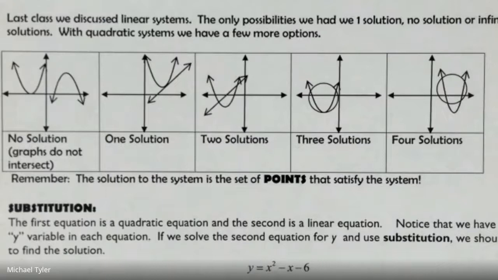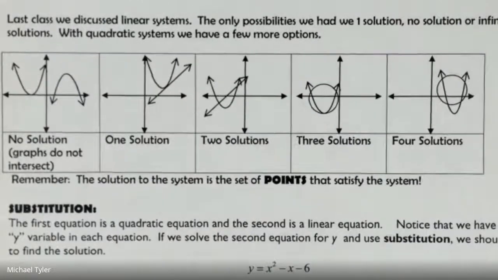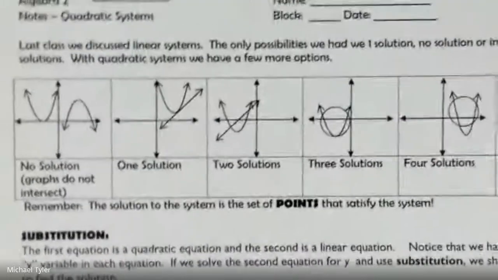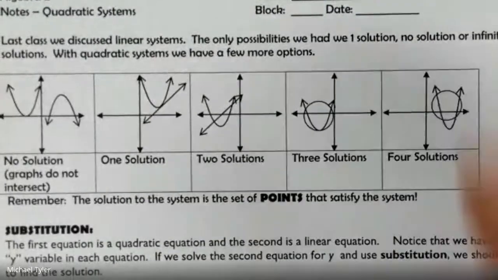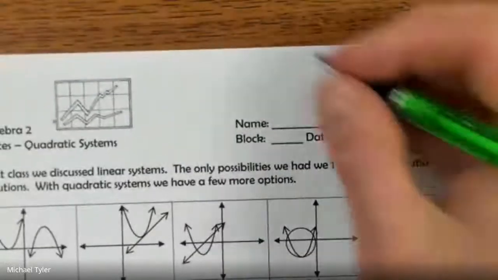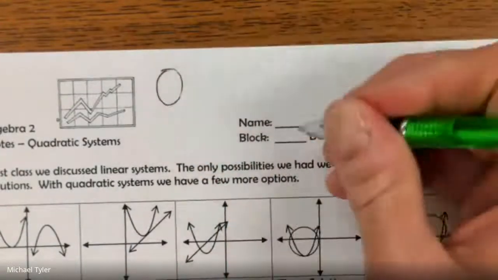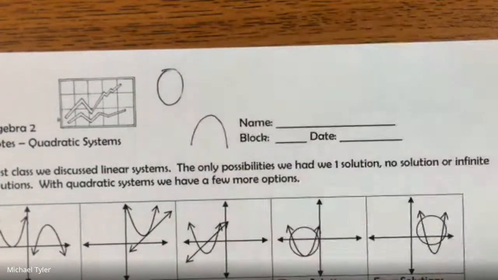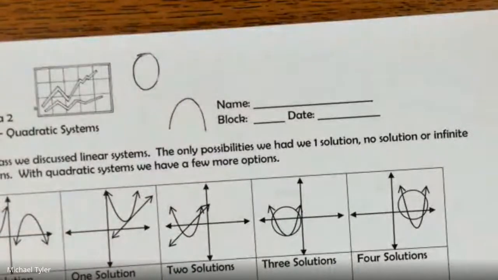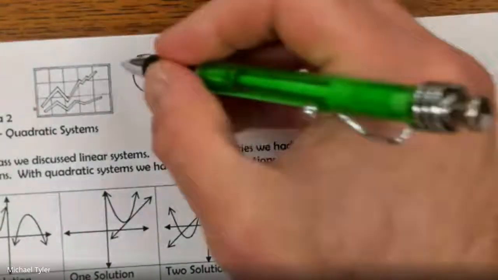Another example of where quadratics don't touch each other might be something like this. You might have a circle here and a parabola there. So you might have a hill and the moon.